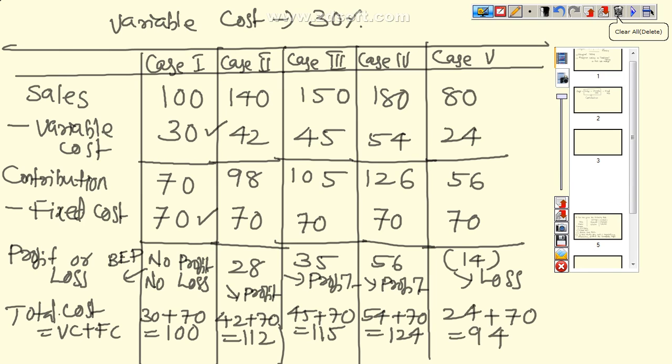Now based on this information we can make the formulas. Now how to calculate contribution? Contribution is equal to sales minus variable cost. So we can write it here.